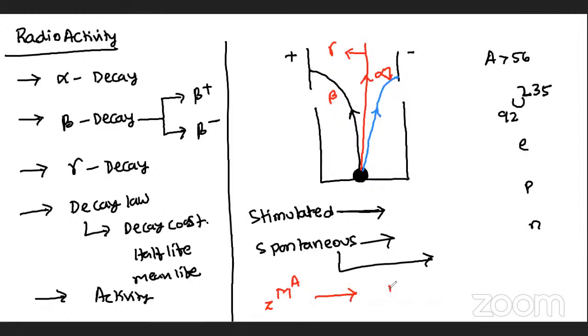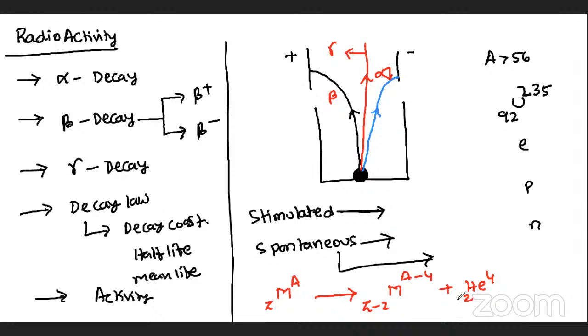The atomic number decreases by 2 units and the mass number decreases by 4 units, with the release of an alpha particle.